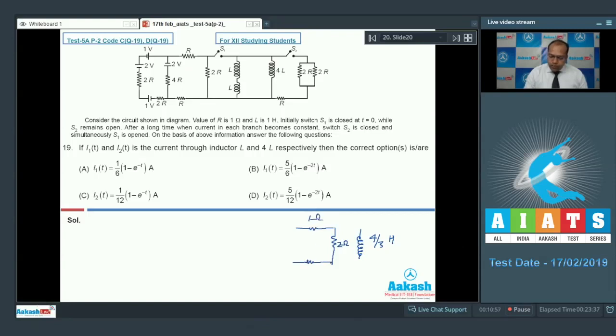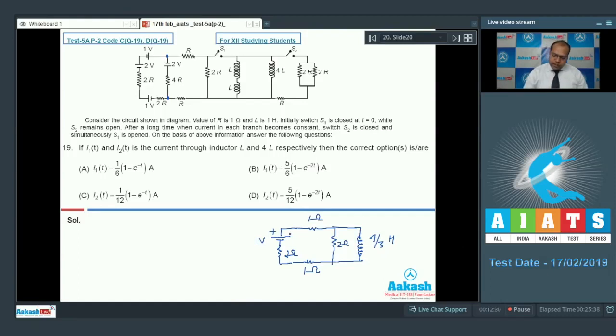This is also 1 ohm. And if I draw the equivalent of this part, the equivalent battery about these 2 points has EMF 1 volt, where positive is here, and the equivalent resistance comes out to be 2 ohm. So this is the circuit at t equal to 0 when S1 is closed and S2 is open.